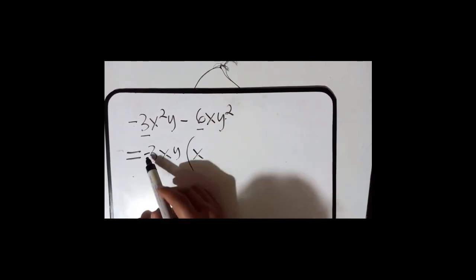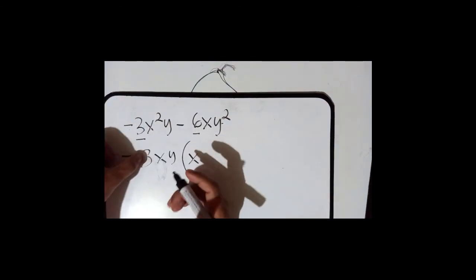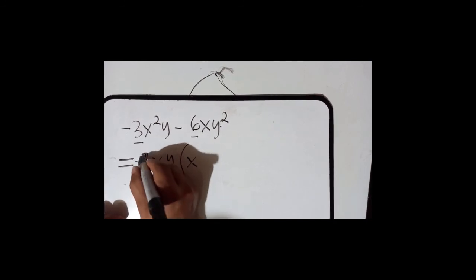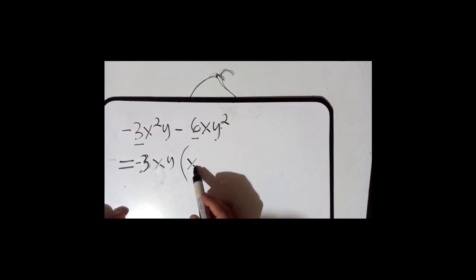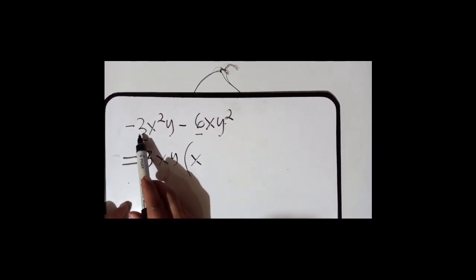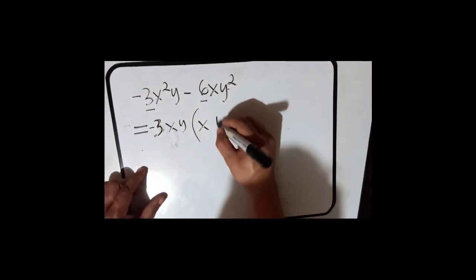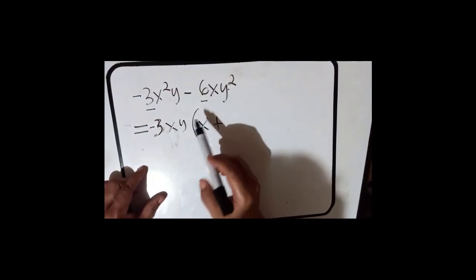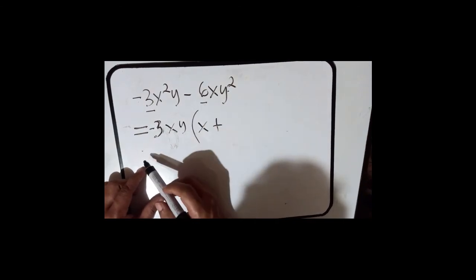Okay? Because negative, let me fix this one. It should be negative 3x. Okay? Negative 3xy times x will give us negative 3x squared y. Okay? Plus, because negative times positive is negative.